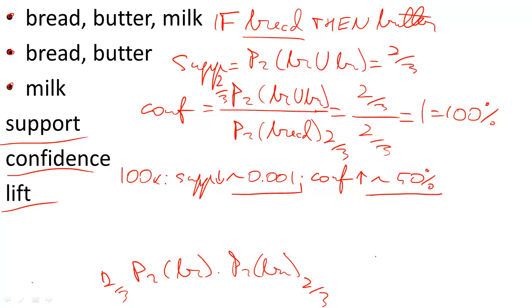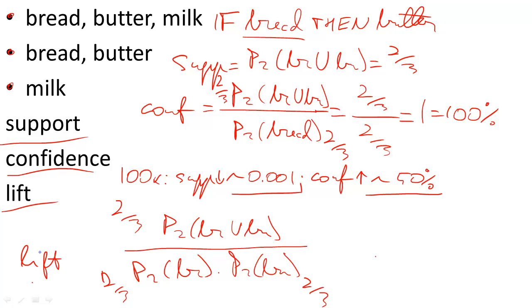And into the numerator, we put the probability of bread and butter being in the same basket. In our case, it really was in 2 out of 3 baskets. So lift is 2 over 3 divided by 2 over 3 times 2 over 3. And these cancel out, and the result is going to be 1.5.